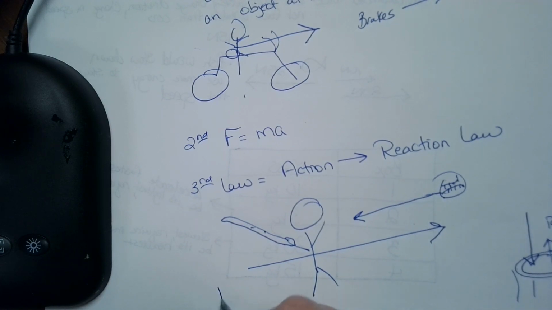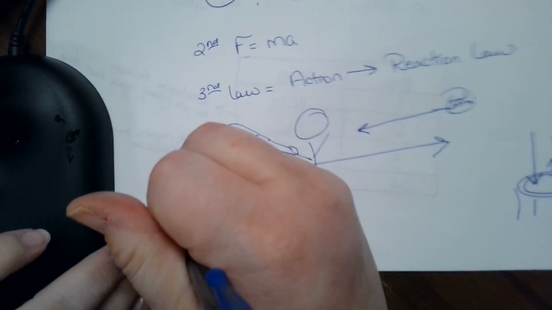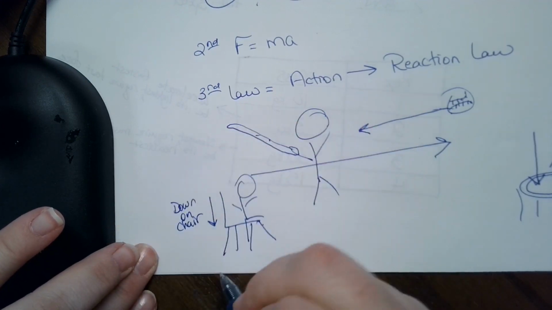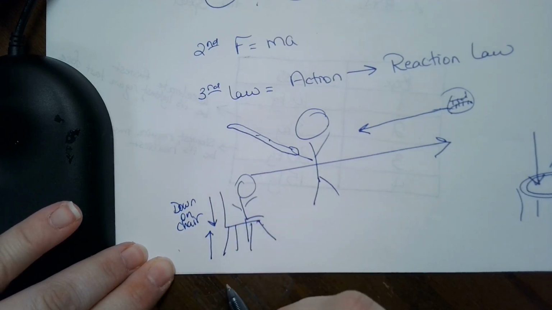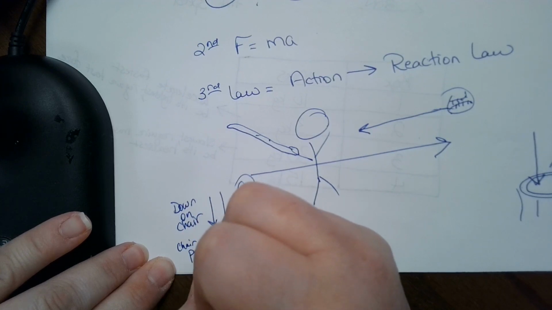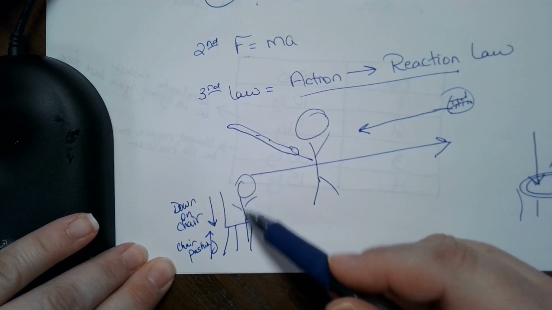If you're sitting on a chair, the action is you pushing down on the chair, and the reaction is the chair pushing up on you. So action, reaction, it has to be the same objects.